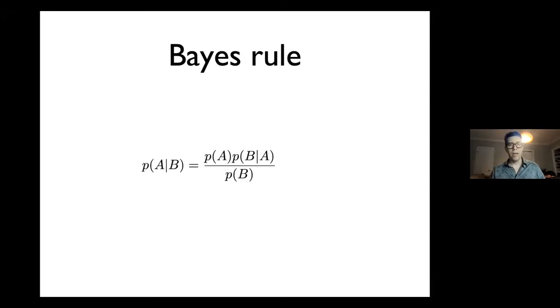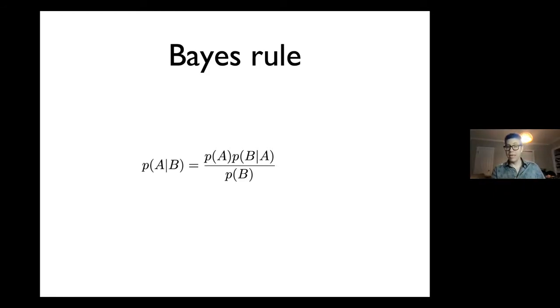Now, here we have Bayes rule, which is the tool that we often use for it. We want to know what's the probability of A given B. What's the probability of, say, there being a certain location given what we saw?